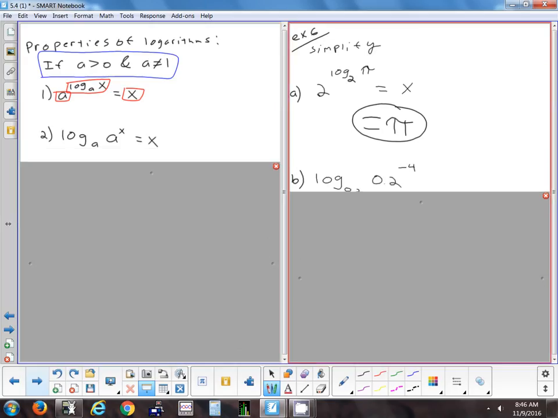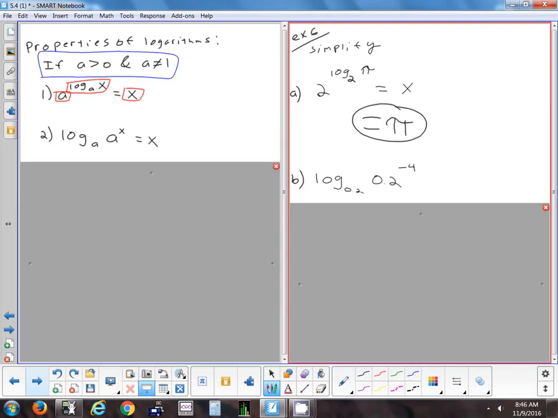Okay, example or rule 2, that's similar to this one. You still have something matching, but it's not quite the same pattern. It says log base a of a to the x. The first a is your base, and then the a to the x is your argument.